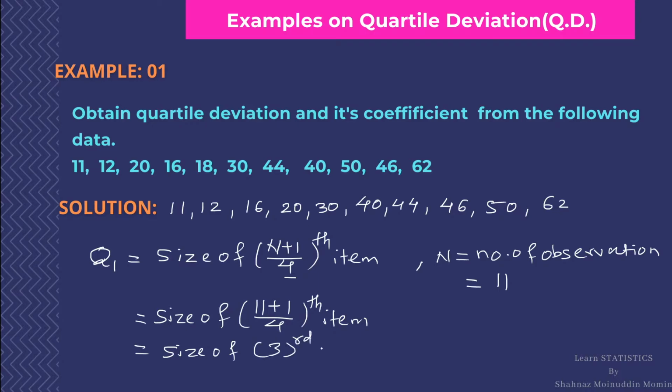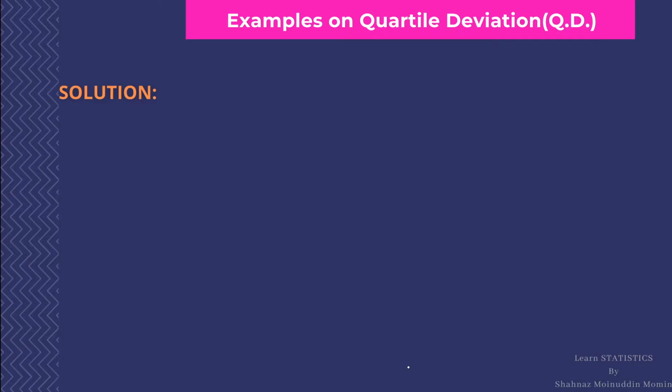Size of third item. See in the arranged data, what is the number at the third place? So the number at the third place is 16. So our first quartile is 16. Hence Q1 is equal to 16.